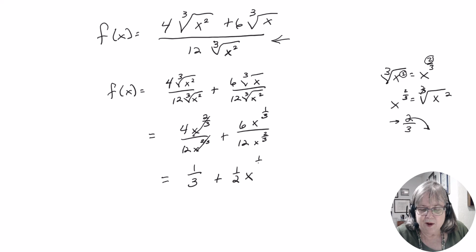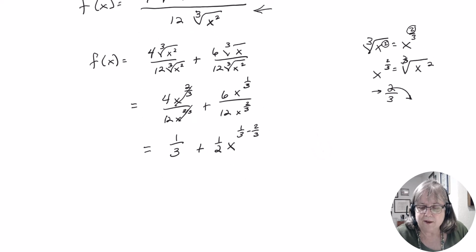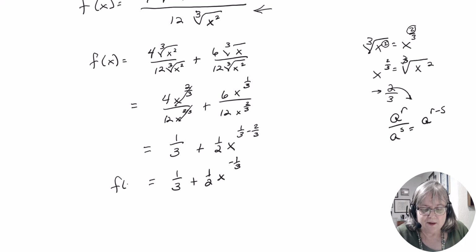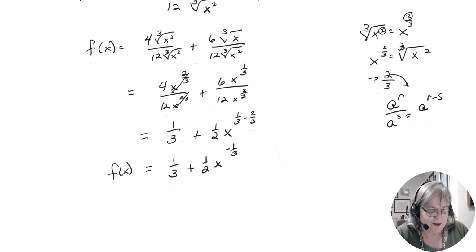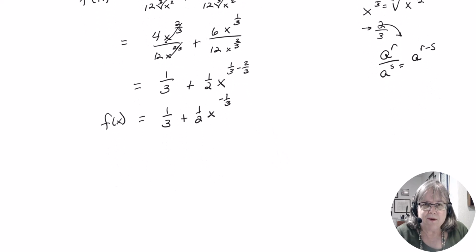And you have 1/3, start with the top power, subtract the bottom power. This is just how you simplify powers, right? A to the r over a to the s is a to the r minus s. So I'm just doing the algebra rules to simplify. So 1/3 plus 1/2 x to the minus 1/3. This is not the derivative. This is just me getting it into the shape where I can take the derivative.